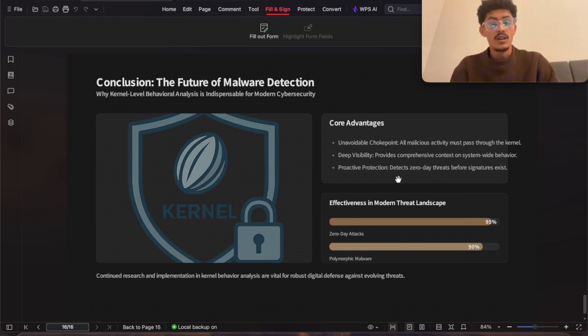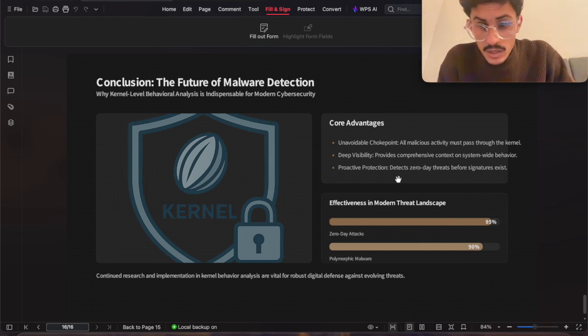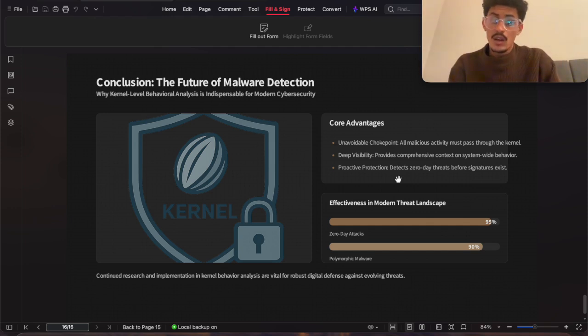There are so many benefits, like a core advantage: all activity must pass through the kernel, and deep visibility into processes and the computer context on the system. Privacy protection, and devices are protected from zero-day threats before they gain access.